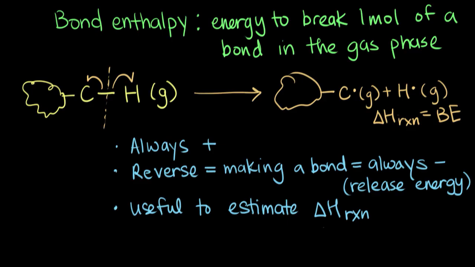You might know that there's lots of other ways of calculating delta H of reaction, such as using Hess's law, or using delta H of formation, and then there are other ways too. So this is just another way that we can use to calculate delta H of reaction using bond enthalpies. We're going to go through an example of that next.